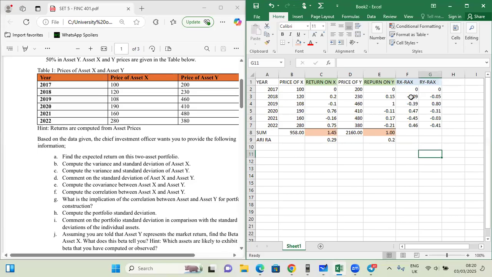What we computed here: this times this, plus this times this, plus this times this. So that's what we are going to do here.